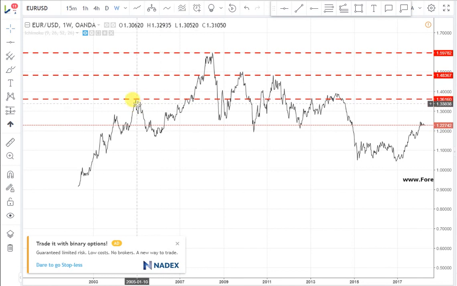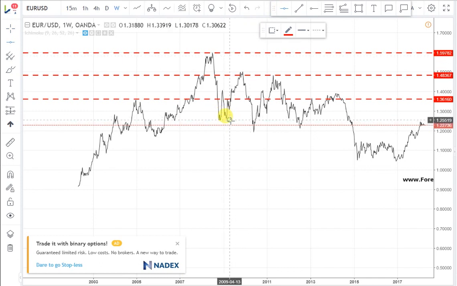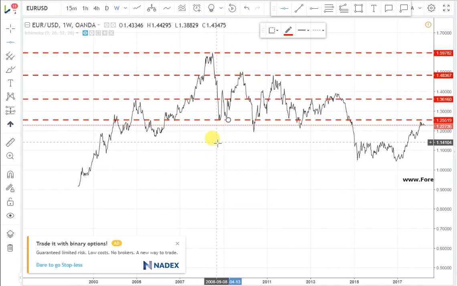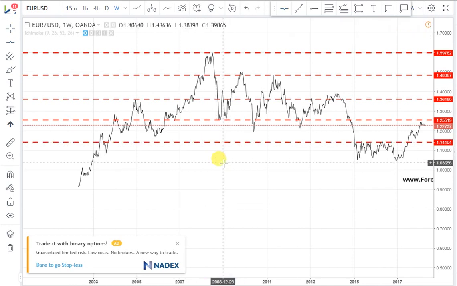Here you can see 1, 2, 3, 4, 5, 6, and then it's consolidating here. So 7 or 8 times there is a good area. And then you just proceed to find those areas on your chart.